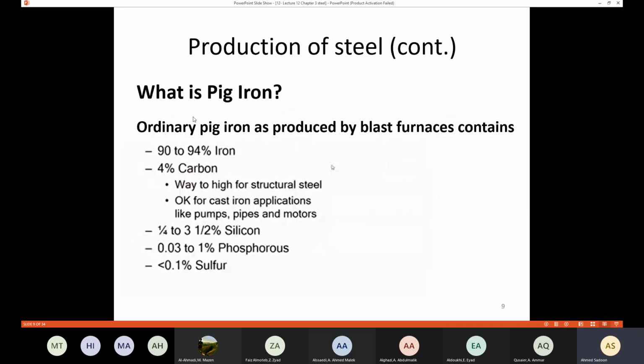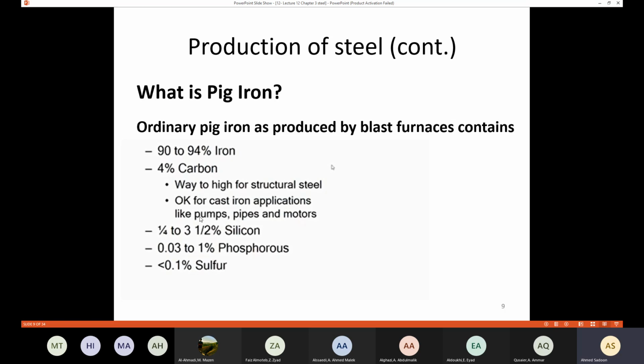So what are the properties of the pig iron? This one is going to have between 90 to 94% iron. We are going to have 4% carbon, but this percentage is way too high for structural steel. It could be used for cast iron. Usually with cast iron, we make machines and so on, while structural steel is the steel that should be used for structural purposes.